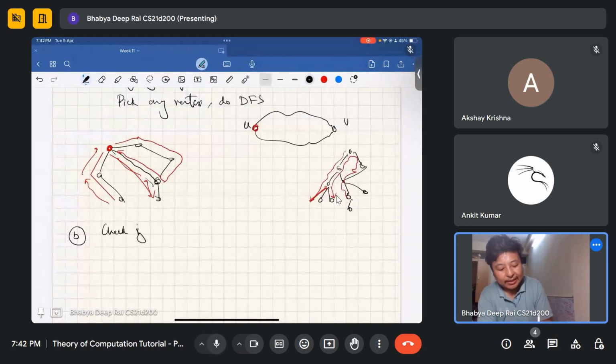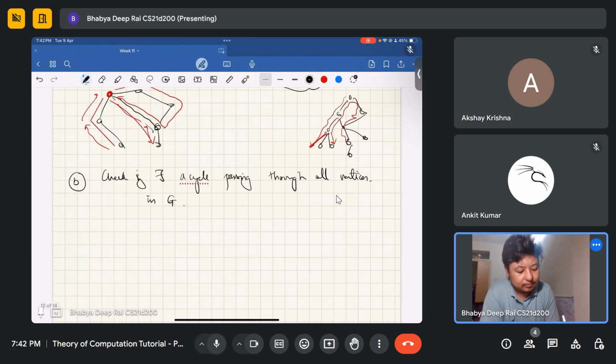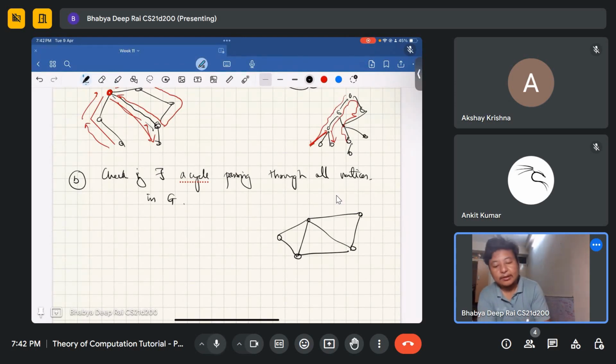Check if there exists a cycle passing through all vertices in G. For example, so what is a cycle? This is the cycle.